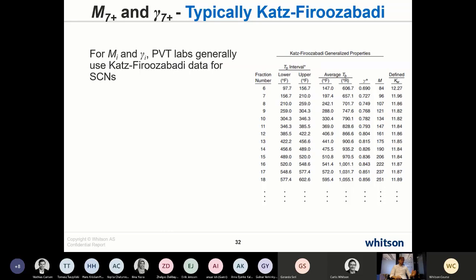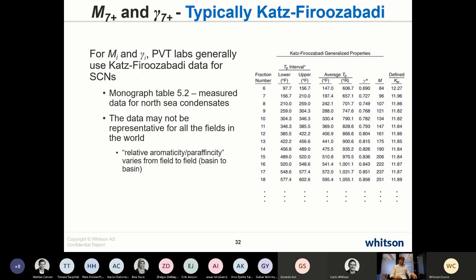to make, and we've touched upon it a few times. The properties for molecular weight and specific gravities reported in commercial laboratory reports are most times these Katz-Whitson numbers, which are, as we also mentioned yesterday, more or less arbitrary.